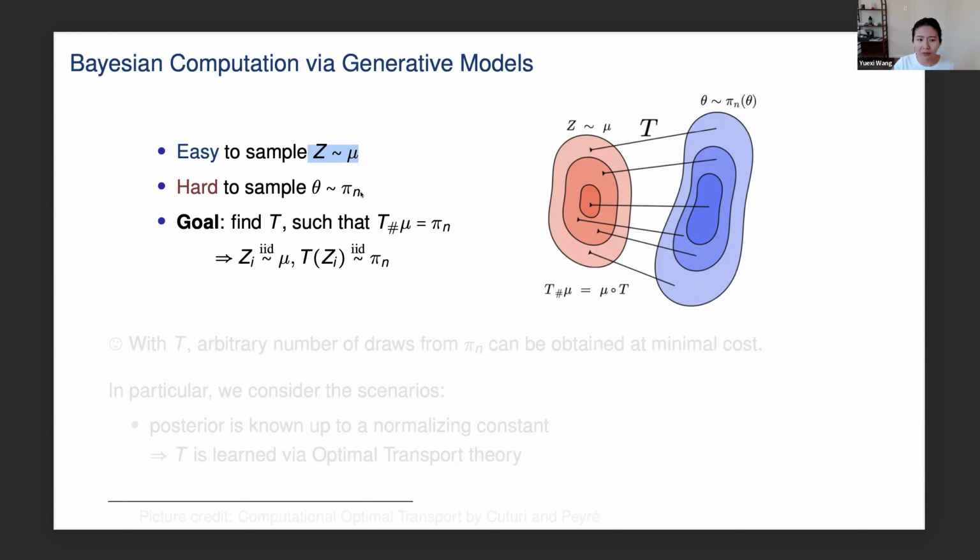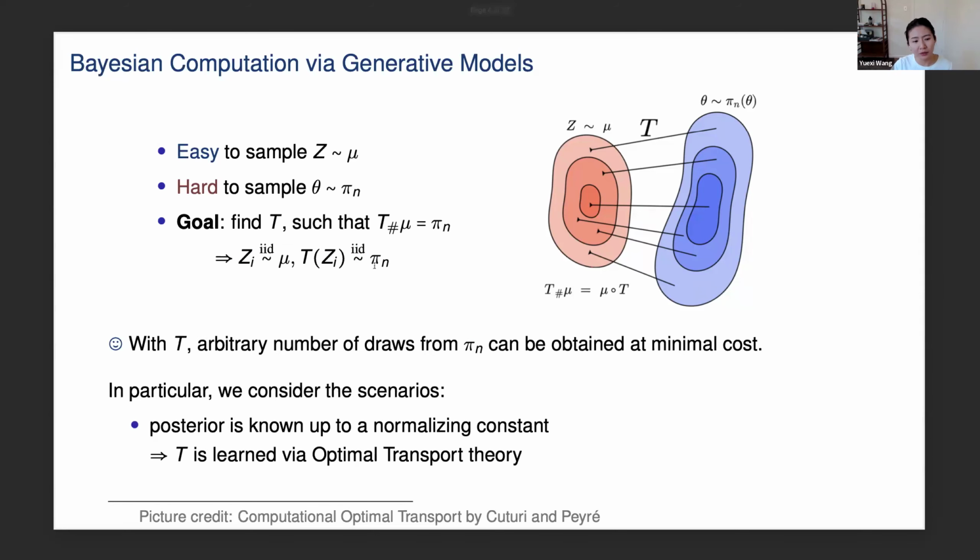But the problem is you have a hard to sample posterior distribution. So our goal here is to find a push forward mapping T such that T can push forward the reference distribution to your targeted distribution. In other words, if I can generate IID samples Z_i from the reference distribution, the transformed variables T(Z_i) should be independent draws from my targeted distribution.